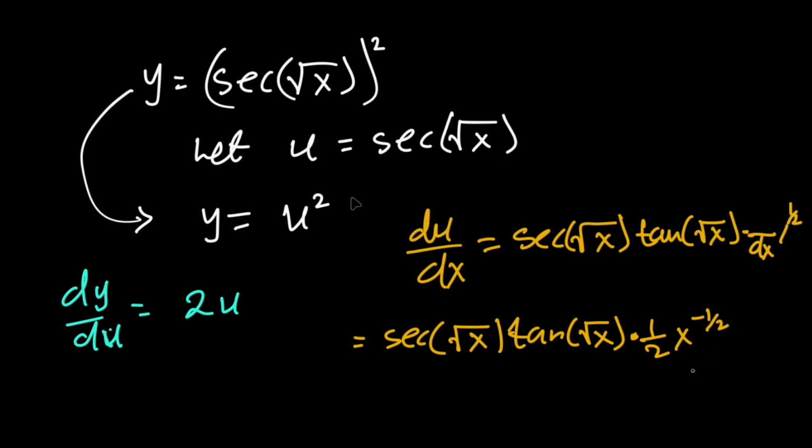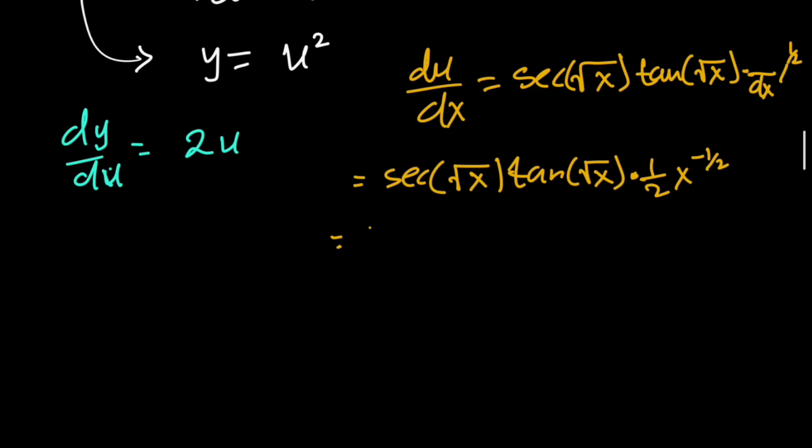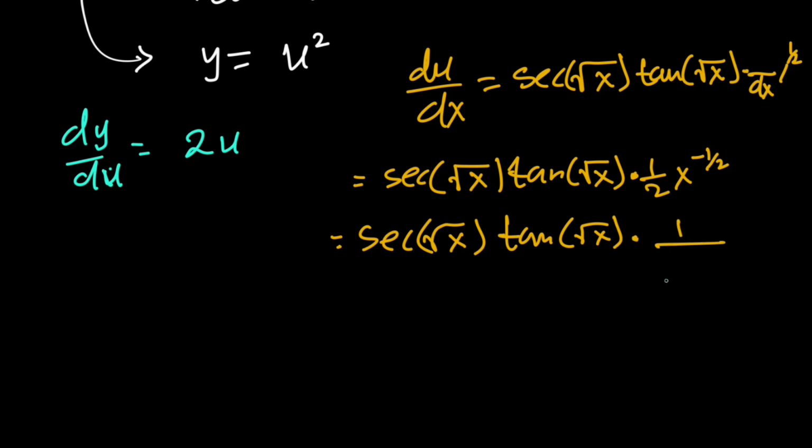So this is secant square root of x tangent square root of x times 1/2 times x to the power 1/2. But take note, x to the power 1/2 is the same as square root of x. So instead of writing it this way, I'm gonna write it as 2 times square root of x. So now we know everything.